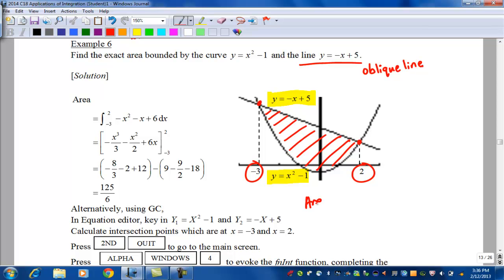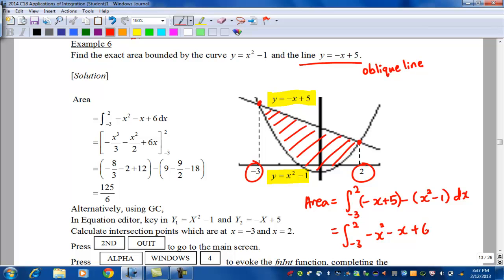Right, so the area will be the integral from -3 to 2 of the upper graph, -x plus 5, minus that of the lower graph. So this gives us the integral from -3 to 2 of -x squared minus x plus 6, which is what you see right here.